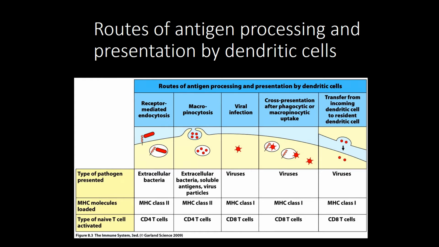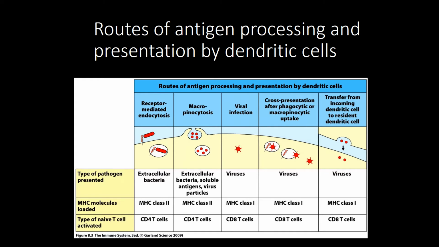Now, the routes of antigen processing and presentation by dendritic cells are multiple things that you should be aware of. So dendritic cells can present extracellular bacteria.